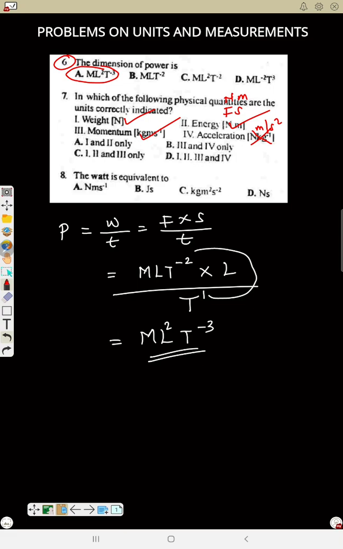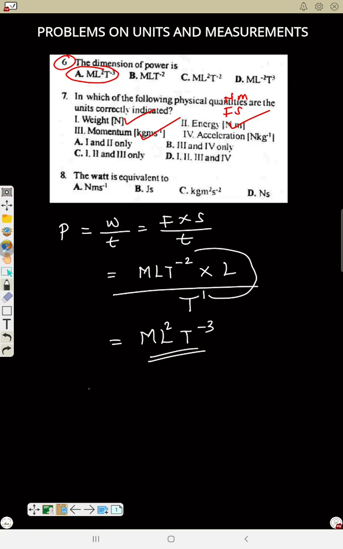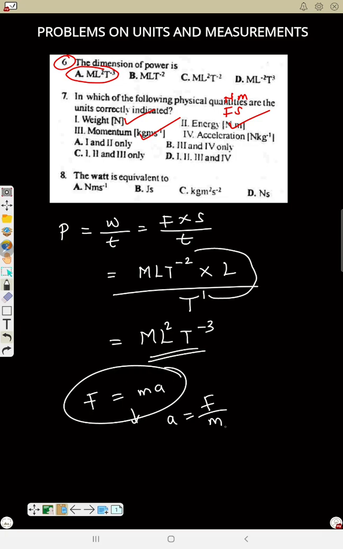Oh, sorry. We can still solve the acceleration. What they ask is acceleration. So you know that force is equals to mass times acceleration. That means from here, acceleration can be force over mass. That means force is in Newton and mass is in kilogram.